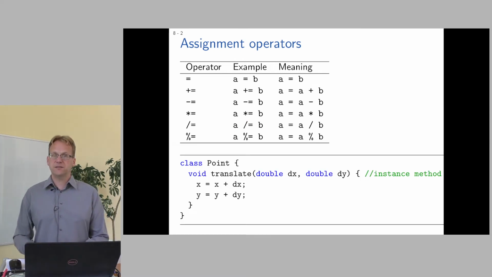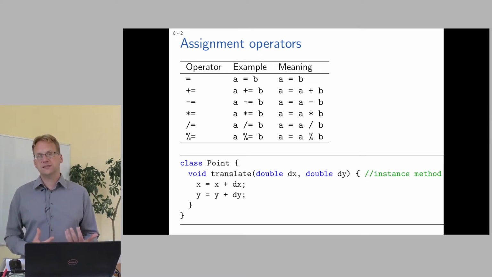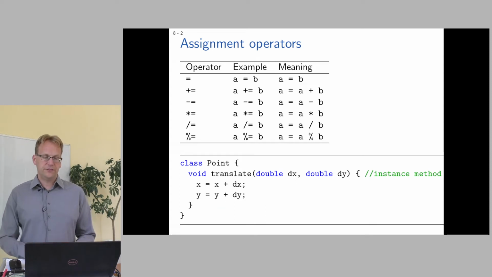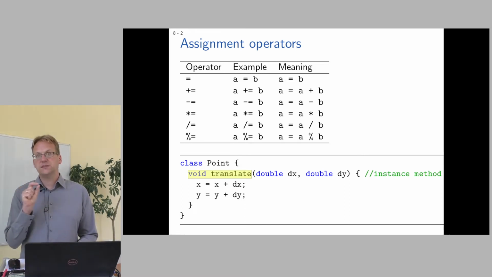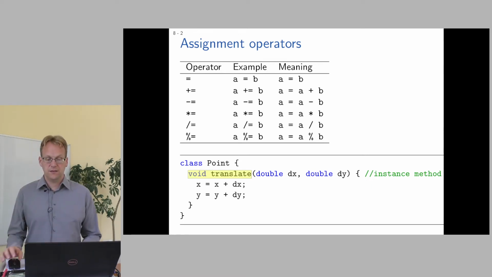Just as an example, this we had before. We had a class point with attributes x and y. I'm not showing the attributes here, also I'm not showing the constructor, but then we may have a method void translate. So that's an instance method within this class point. With this I can take some point p, for example, and translate it by some amount in the x direction and some amount in the y direction.